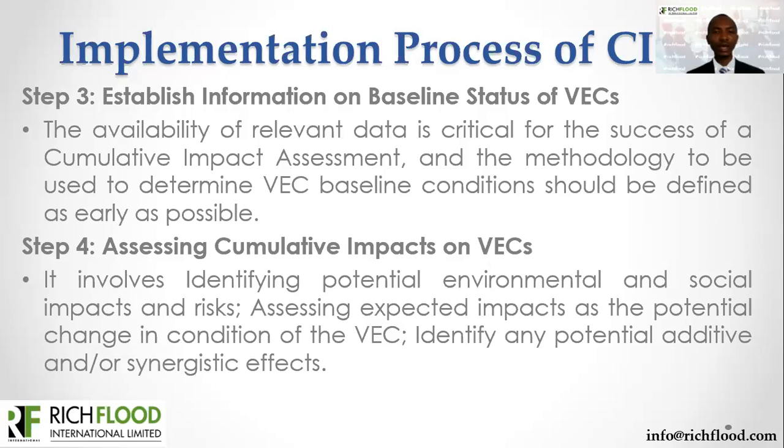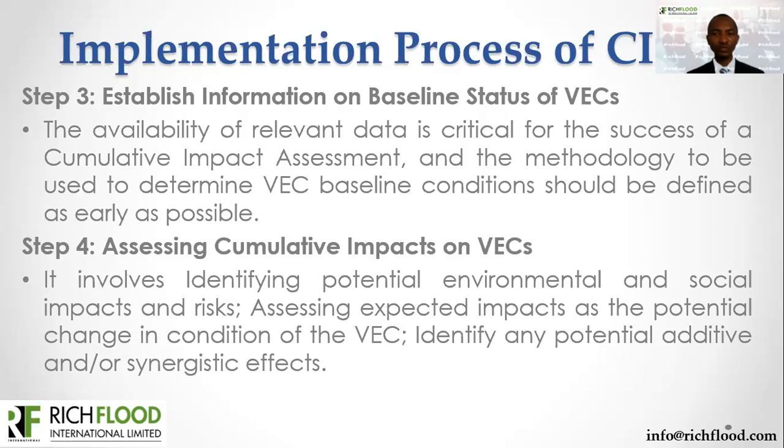So the area of coverage, when it has to do with baseline information in the cumulative impact assessment, is wider or larger compared to the environmental and social impact assessment that was carried out at the beginning of the project. So the fourth stage in terms of implementing the cumulative impact assessment has to do with assessing the cumulative impact on the valuable environmental components.